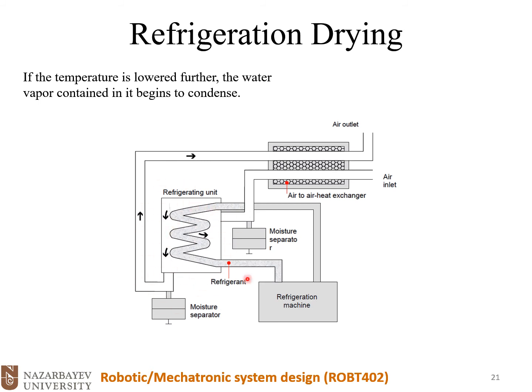Okay, when we decrease the temperature, it will condense the humidity of the air, and that humidity could be removed or drained from these moisture separators. Okay, so we just open the valve here, and we have water at the output.